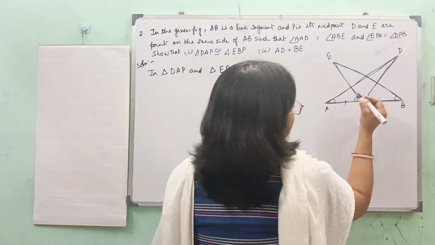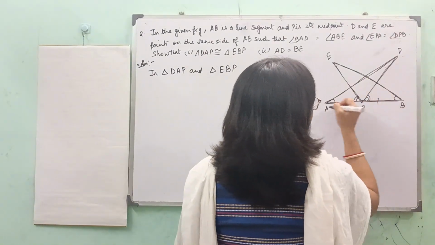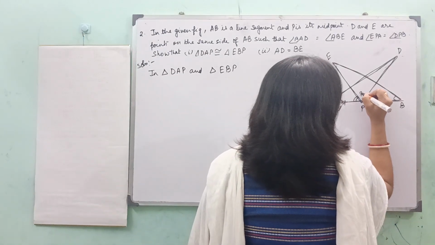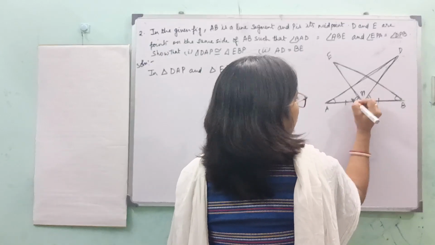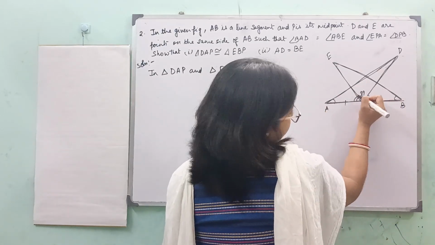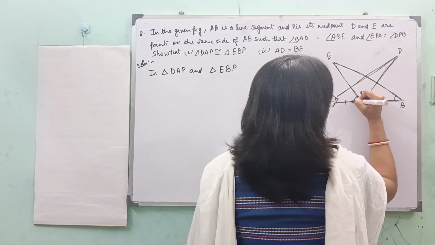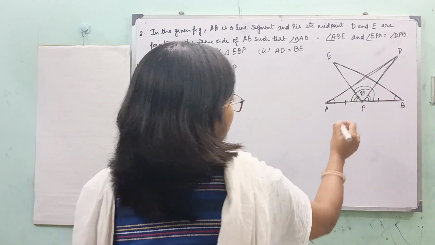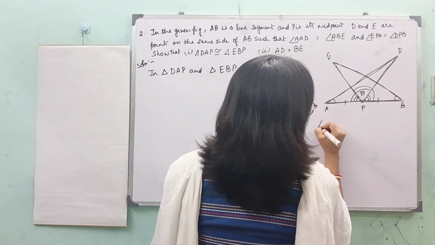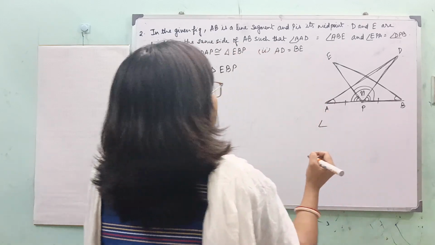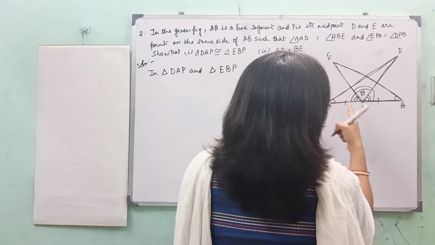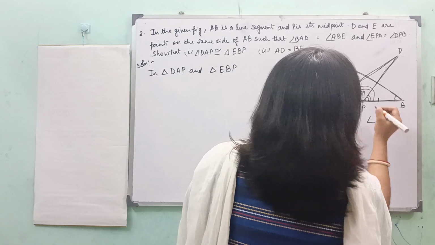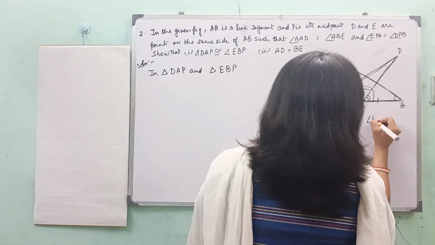Now, if you can see, talking about angle DPA, this part is common to both these triangles. This part of the angle is common to this angle as well as to this angle. All right. So it is given to you that angle EPA equals angle DPB.